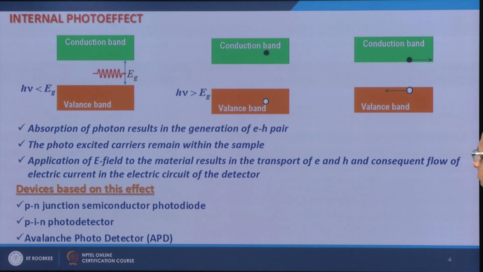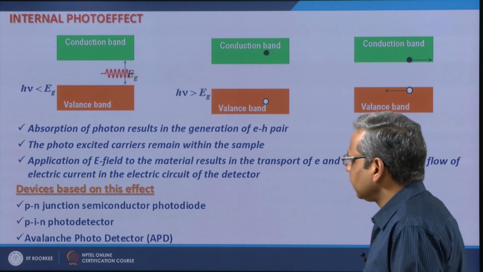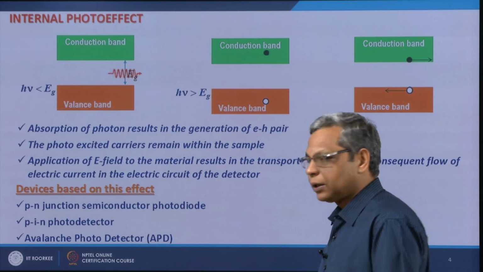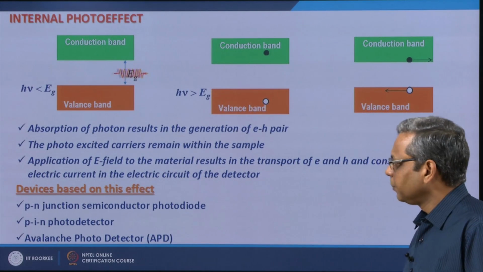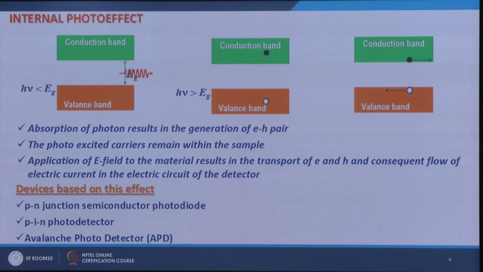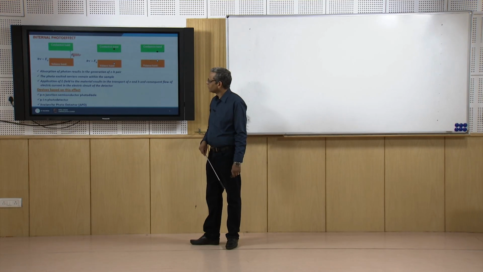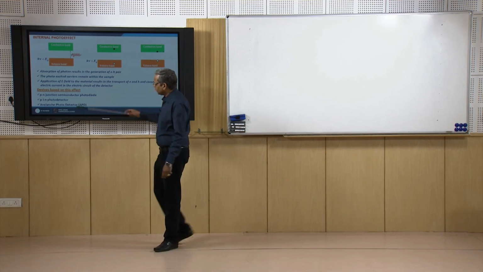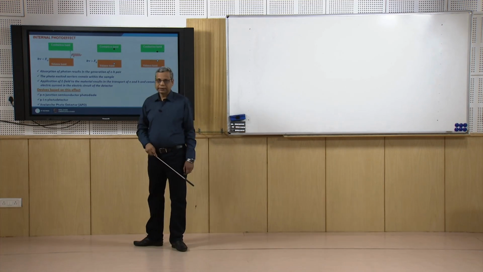The devices which are based on this effect are PN junction semiconductor photodiodes, PIN photodetector and Avalanche photodetector, APD. So, we will study all the three in this lecture.